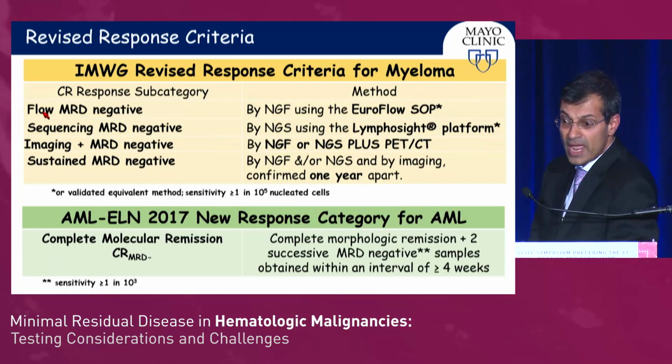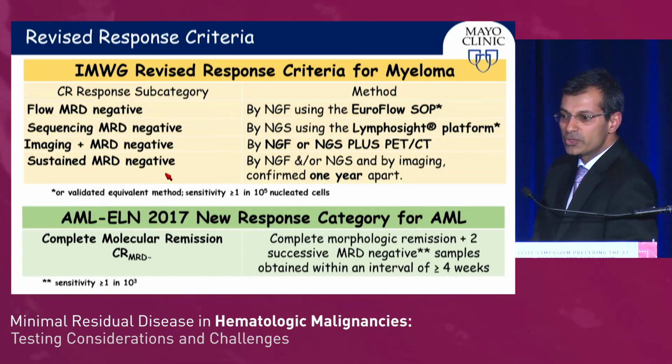Now there is flow MRD negative, by NGF, or MRD negative by sequencing, by NGS using the adaptive platform. But there is also this combined response category of imaging plus MRD negative, where in addition to the MRD measurement by sequencing or next-generation flow, you're using PET-CT scan.